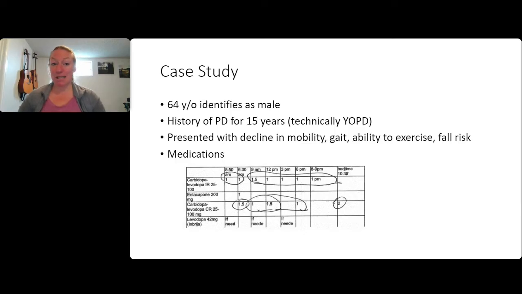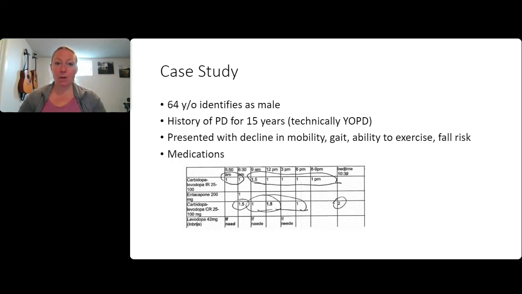And because he had been taking it for a number of years, he really noticed when he was wearing off. And in the morning, he needed more to get him back up to a steady state or an on state. And then throughout the afternoon, he could taper that to about every 3 hours.